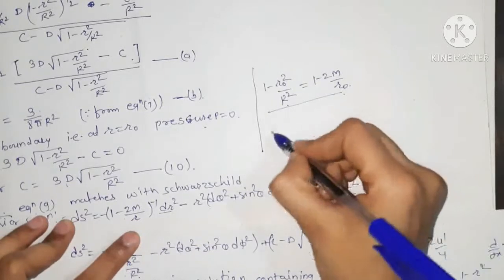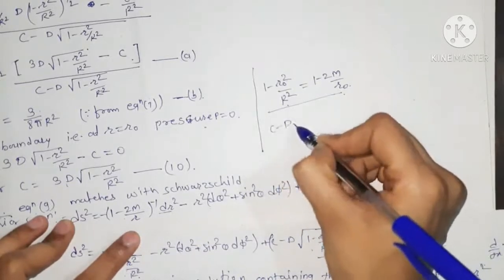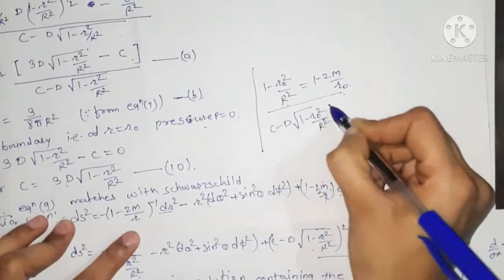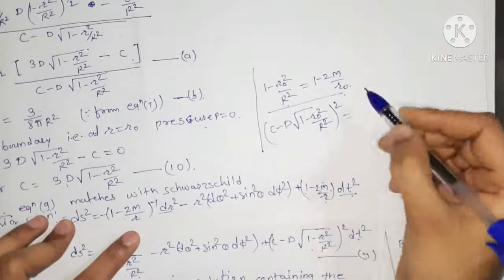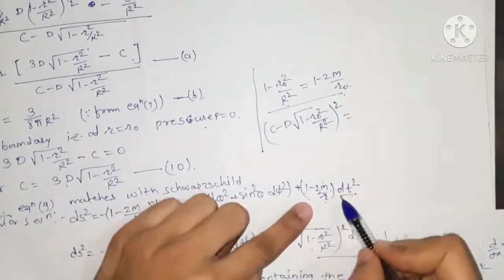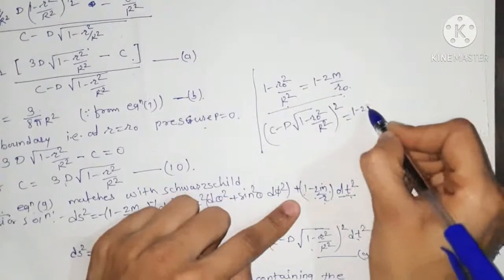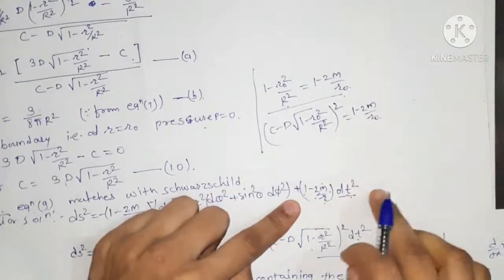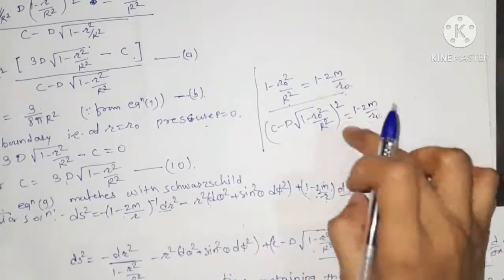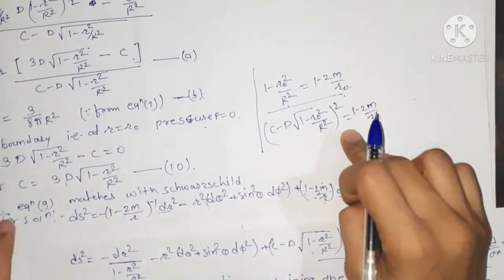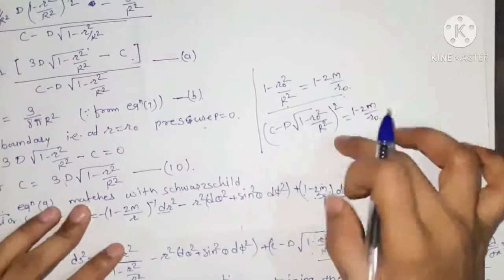So we get c minus d under root of 1 minus r0 square upon r square, whole bracket square, equals the coefficient of dt square, which is 1 minus twice m upon r0. Because of the boundary condition, these two are equal.